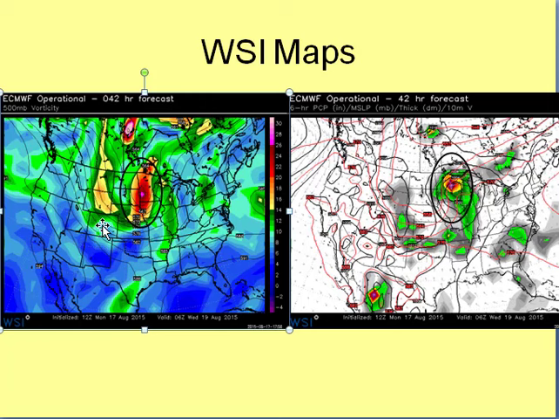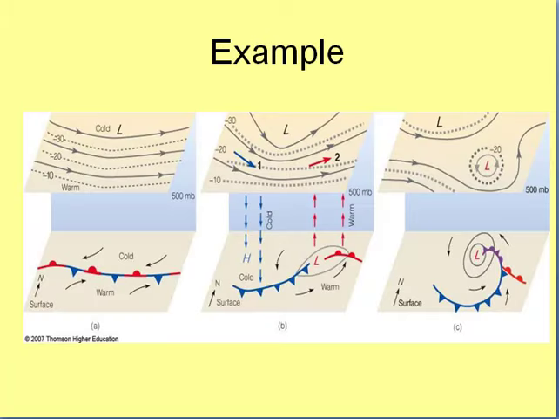Okay, and so this is how you evaluate upper level maps using vorticity. And if you know where the vort max is, or the center of the shortwave is, then you know where the low pressure system is. So just to sum things up, when we have a zonal jet stream, or a very flat jet stream, you see that there's really no waviness to it. And yes, we have differences between cold and warm, and we have a little bit of a trough here, but this is almost flat.